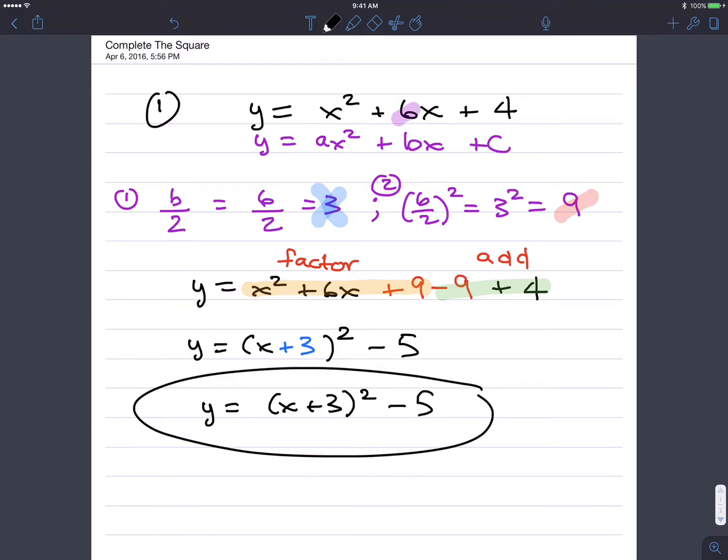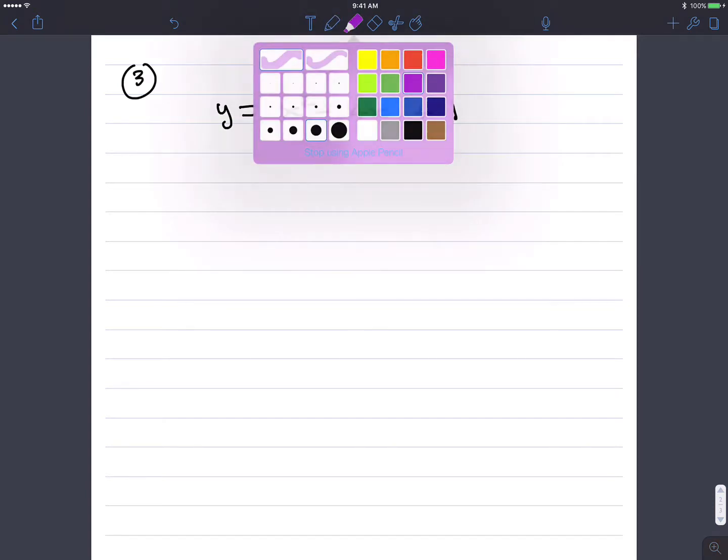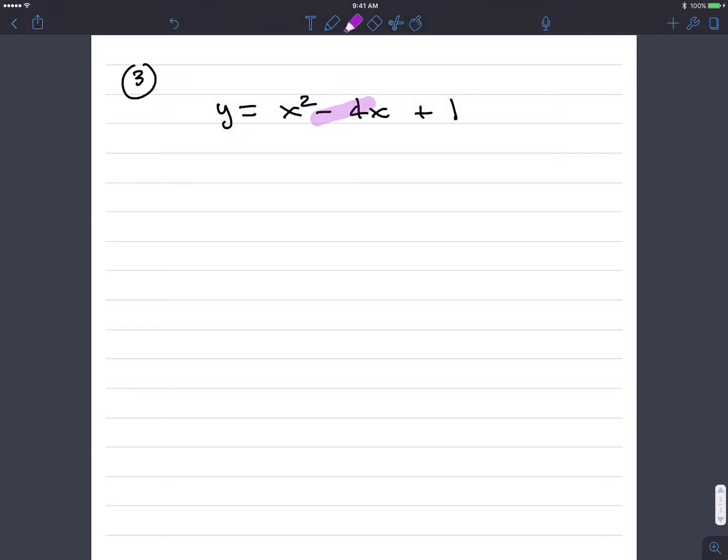Let's go to number 3. We have y equals x squared minus 4x plus 1. Again, we're going to focus on this term here. Our b term is negative 4. Right? This is my b term. This is the bx term in the quadratic equation.